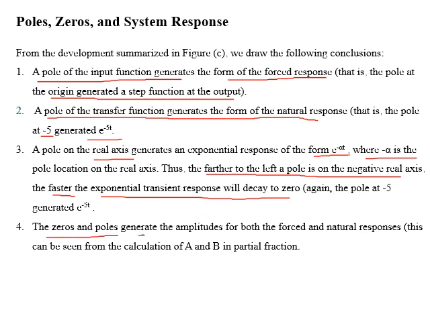Last one is the zeros and poles generate the amplitude for both forced response and natural response, which we have found out in partial fractions calculation in A and B.